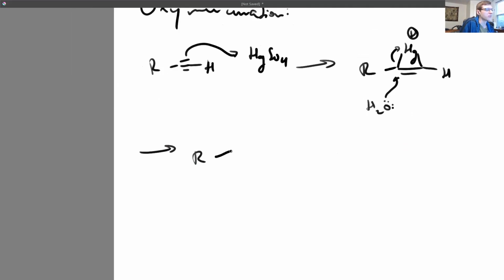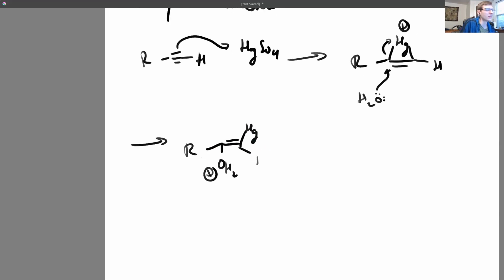So what do we have? Okay, there's a water sitting on here. This mercury is now neutral, I think.